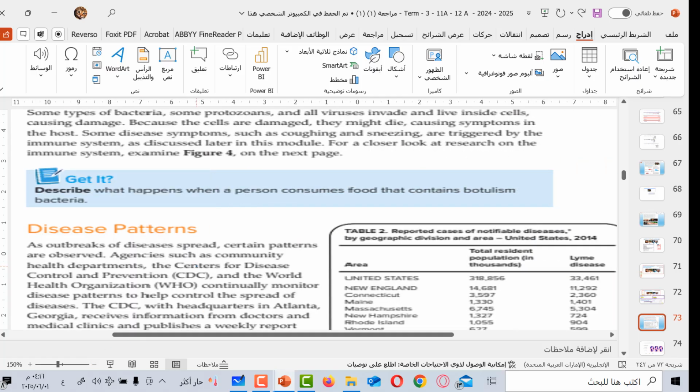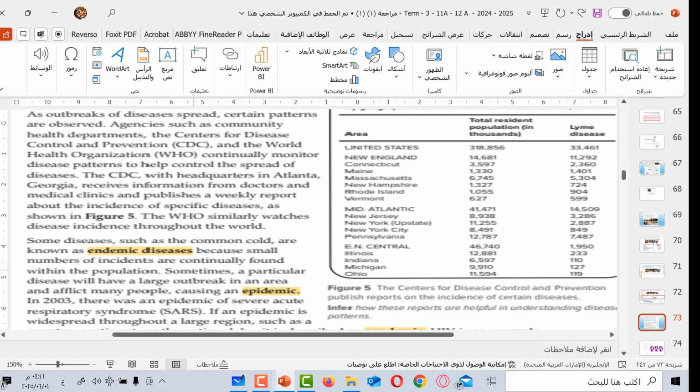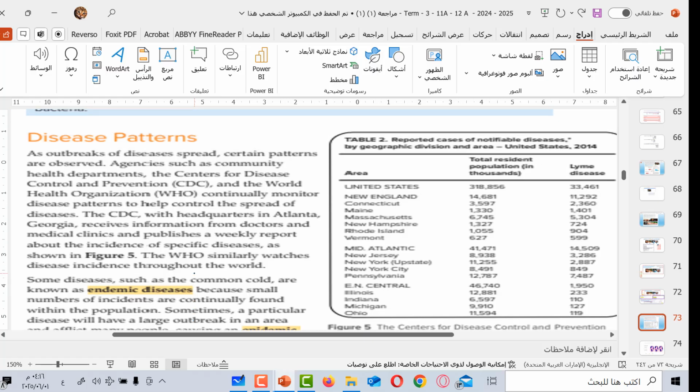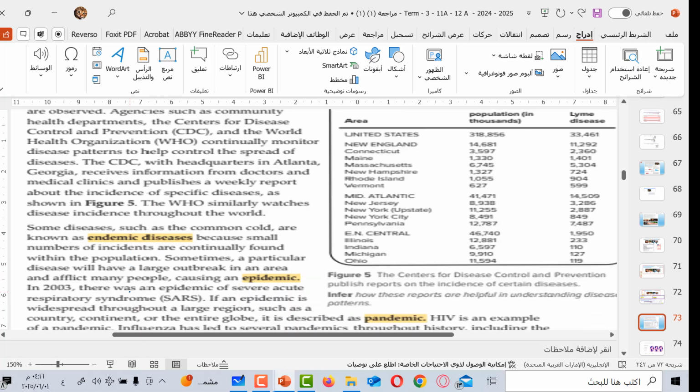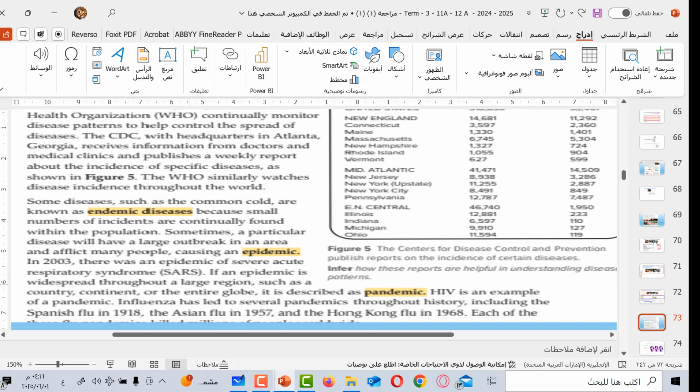Sorry, not a table, it's the disease patterns. Disease patterns, we have 3 patterns, okay? One called endemic, another one is called epidemic, and the last one is pandemic.